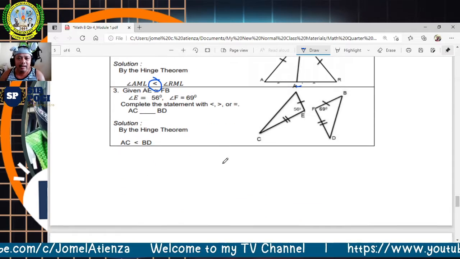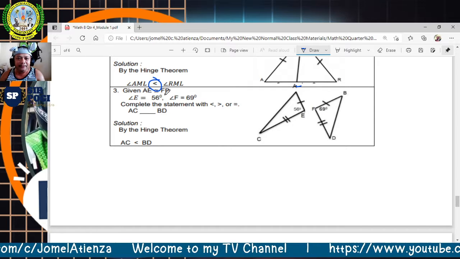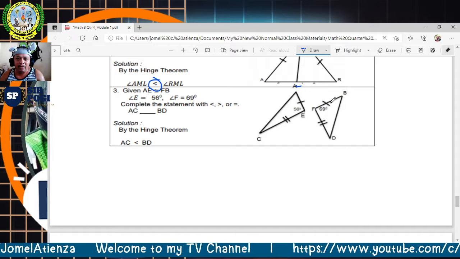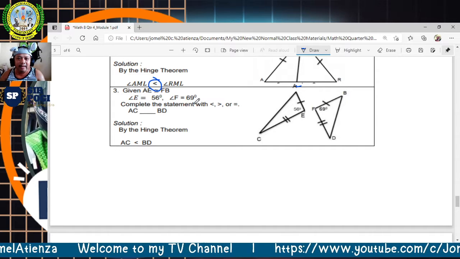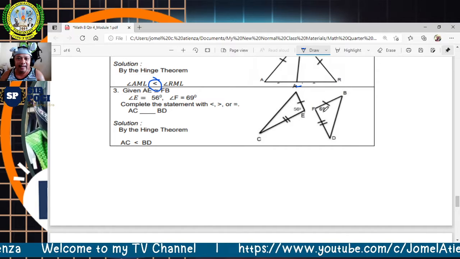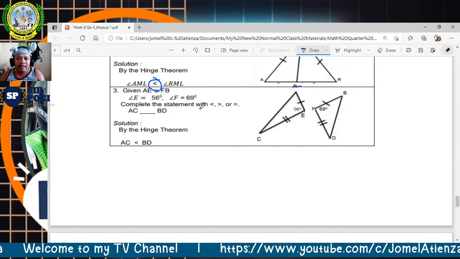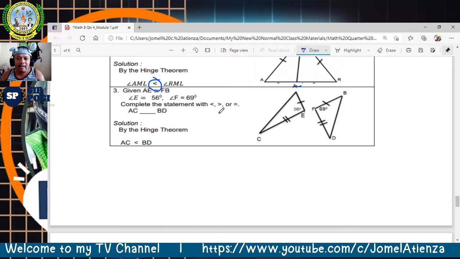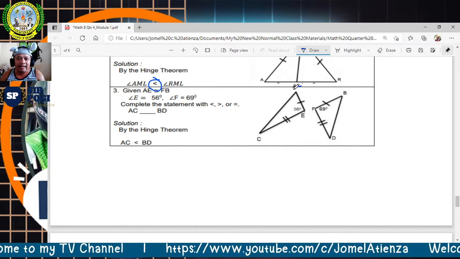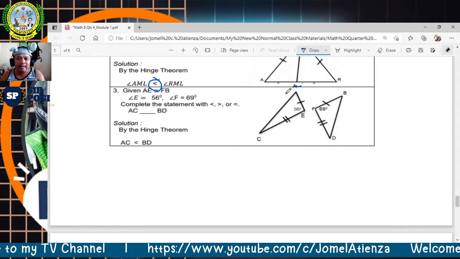And then, given AE and FB, angle E is 56 degrees and angle F is 69 degrees. Complete the statement with greater than, less than, or equal to. AC is less than BD. Why? Because this is 56 degrees and this is 69 degrees. By the hinge theorem, its opposite side is smaller.